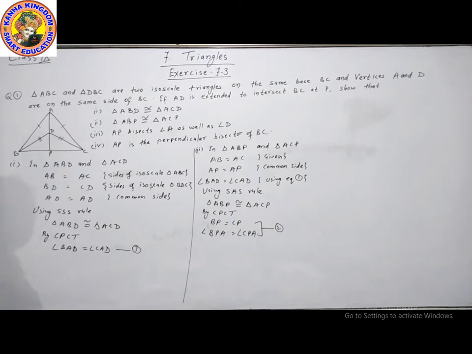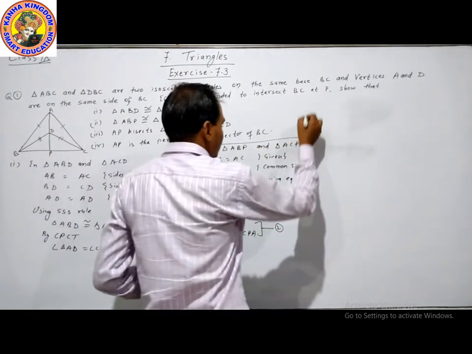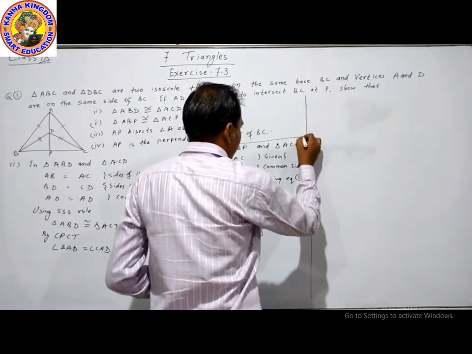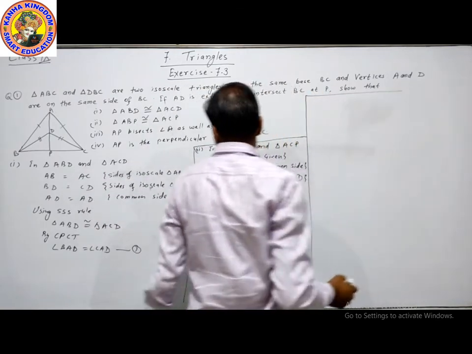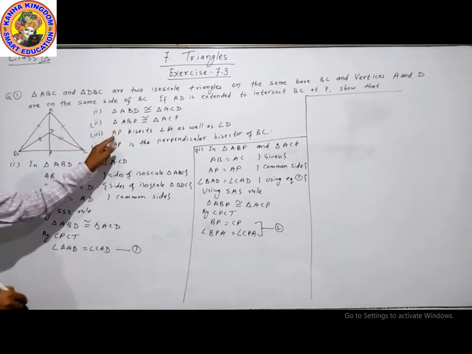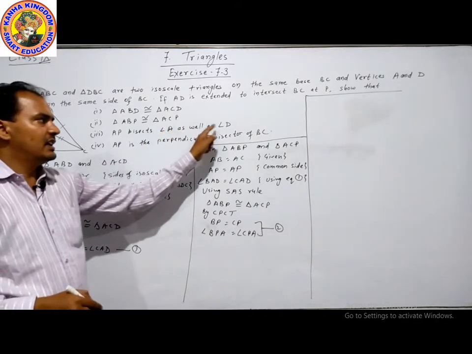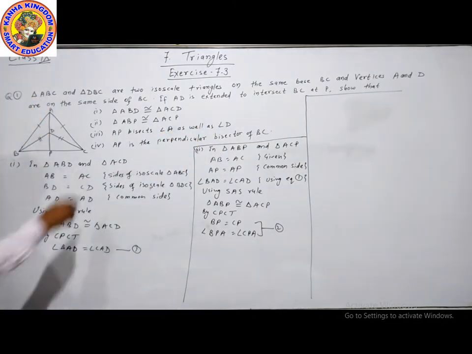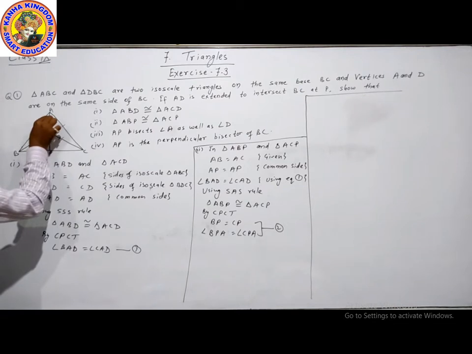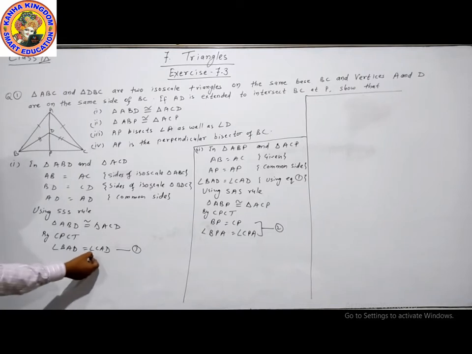Now we move to our next question, question number 3. AP bisects angle A as well as angle D. AP bisects angle A, which means this angle and this angle are equal, by equation number 1, which we already proved.